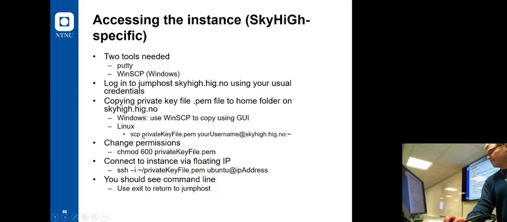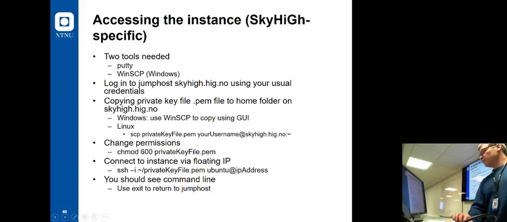You just say SCP, then identify the private key file, and then point to SkyHigh using your username @skyhic.no: followed by tilde, which basically means on SkyHigh, log on with your username and point to the home directory on that particular machine. It will ask you for your password and just copy the file. So that would be the equivalent on Linux.